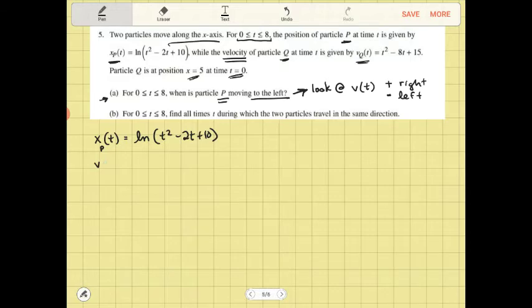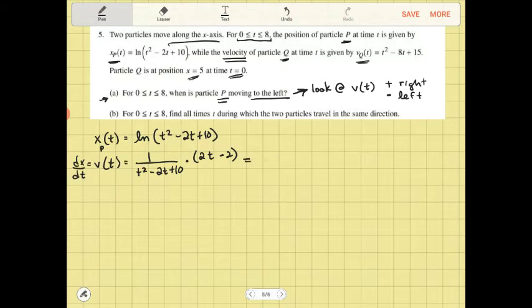So we'll take a look at the velocity function, which is the derivative of our position function. And the derivative of the natural log here is 1 over the argument of the log, and then we do a chain rule, we'll multiply by the derivative of the inside of the natural log, which is 2t minus 2.